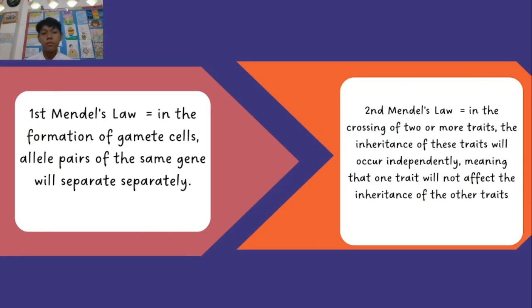The first Mendel's law says that in the formation of gamete cells, pairs of the same gene will separate. The second Mendel's law says that in the crossing of two or more traits, the inheritance of these traits will occur independently, meaning that one trait will not affect inheritance of the other traits.